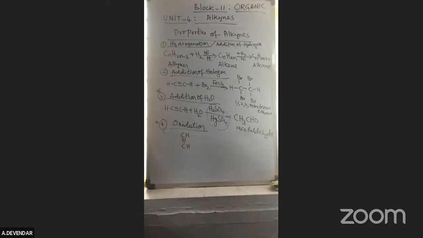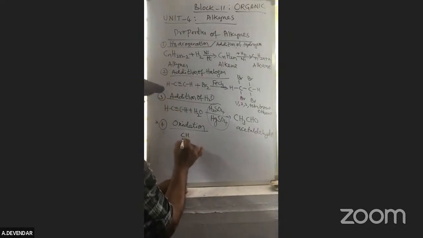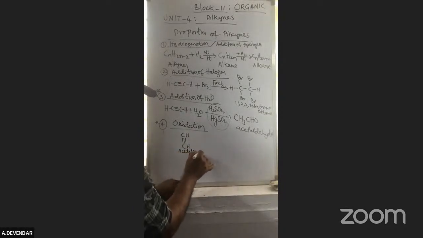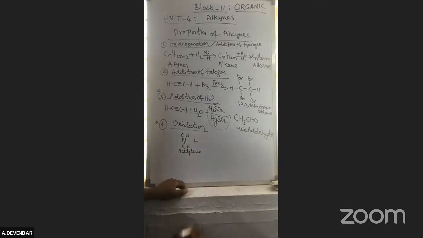Do you agree? This is the alkyne. This is ethylene. Instead of the linear form, I'm writing it in a column form. This particular ethylene is oxidized. Oxidized means what? In the presence of nascent oxygen.